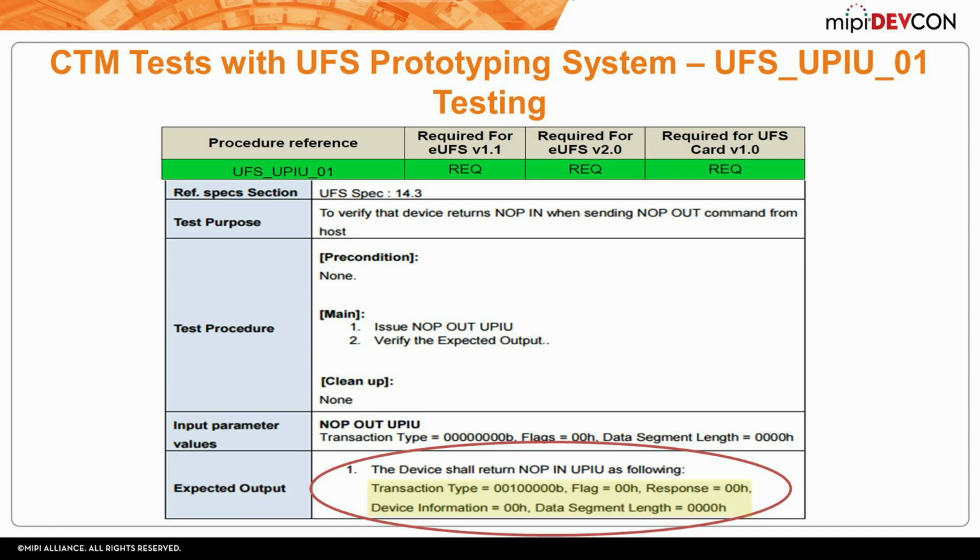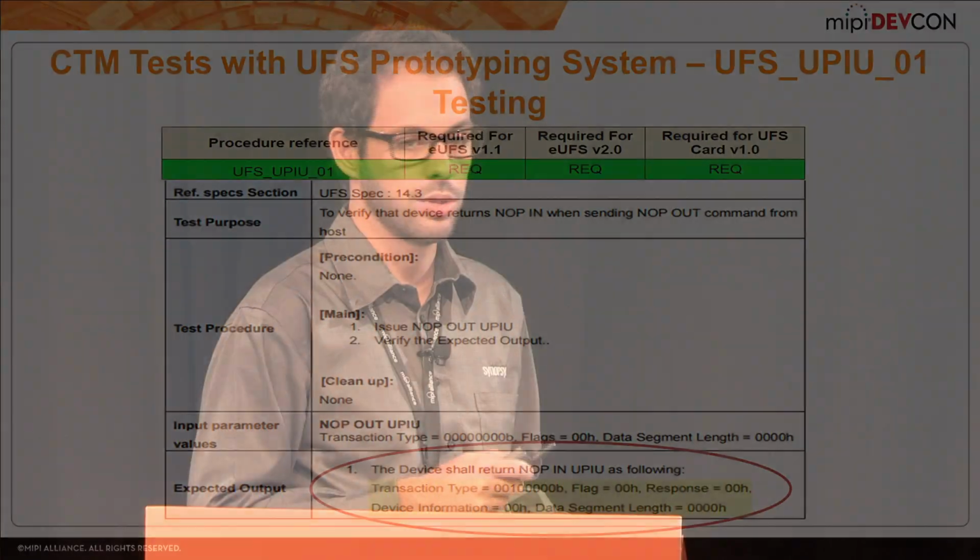So it tells you what is the purpose of the test. It tells you the procedure and the input parameters. We don't need to worry about that. We will look into why next, and then we have the expected output. Let's make a mental note here. So the transaction type should be 20, and the flag, the response, device information, and data segment length should be 0 for a successful UFS UPIU 01.